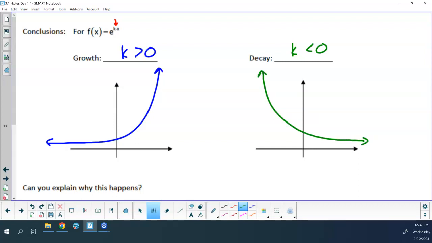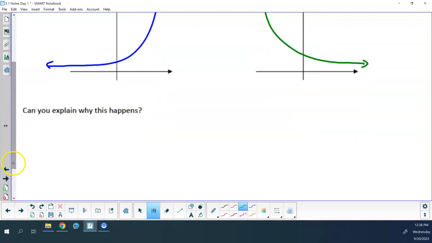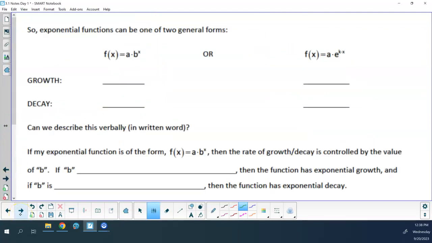Because now if I plug in x equals 1, that's 3 to the negative 1 power, which is 1/3. Plug in negative 2, that's 3 to the negative 2 power, that's 1/9, so on and so forth. So that's how that happens. So, the comparison between the two.